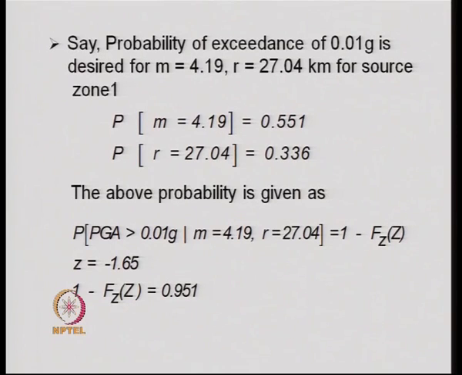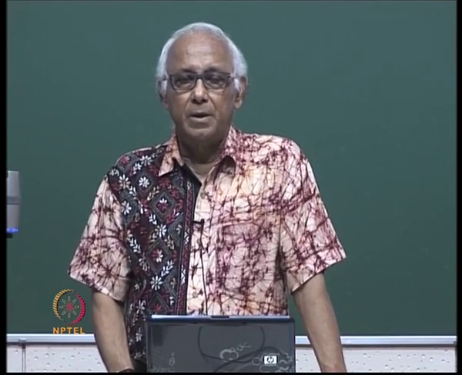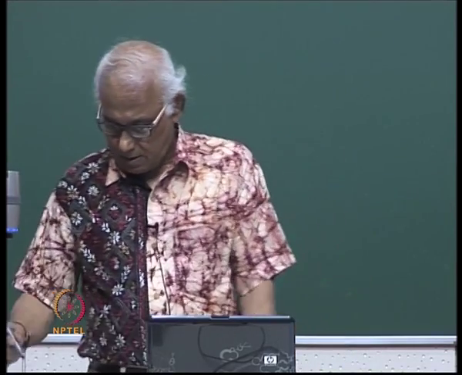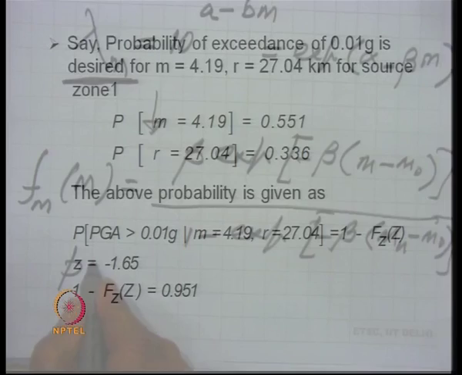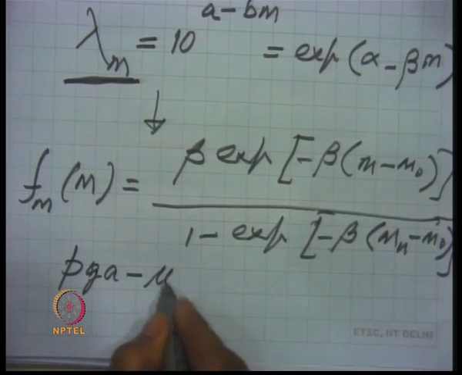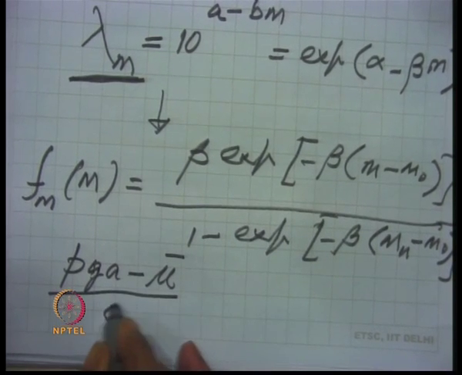Normalized distribution means this distribution refers to any peak ground acceleration PGA minus its average value, divided by its standard deviation.